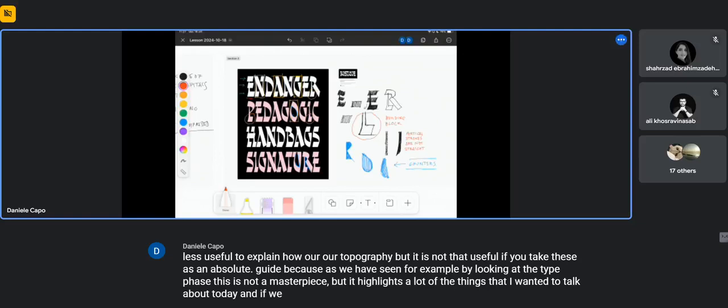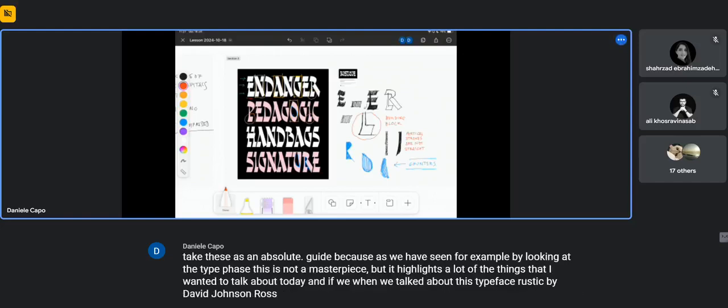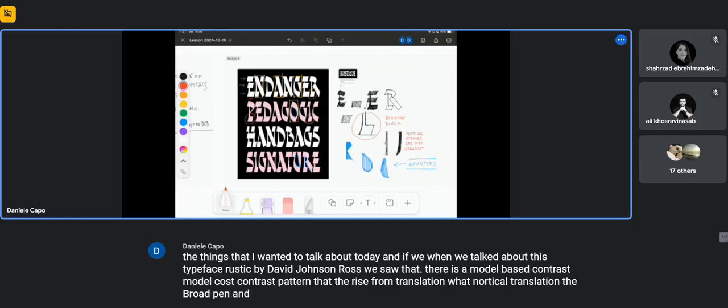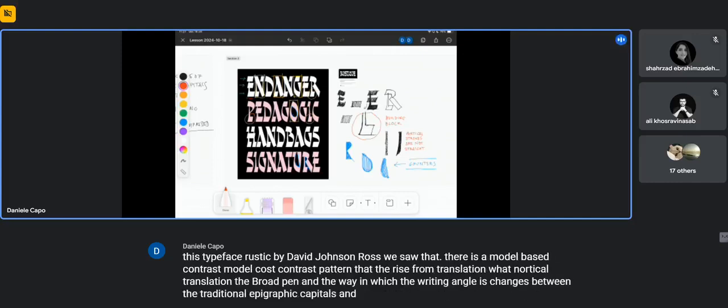When we talked about this typeface, Rustic by David Johnson Ross, we saw that there is a contrast pattern that derives from translation, what Noordzij calls translation, the broad pen, and the way in which the writing angle changes between the traditional epigraphic capitals and the book capitals.